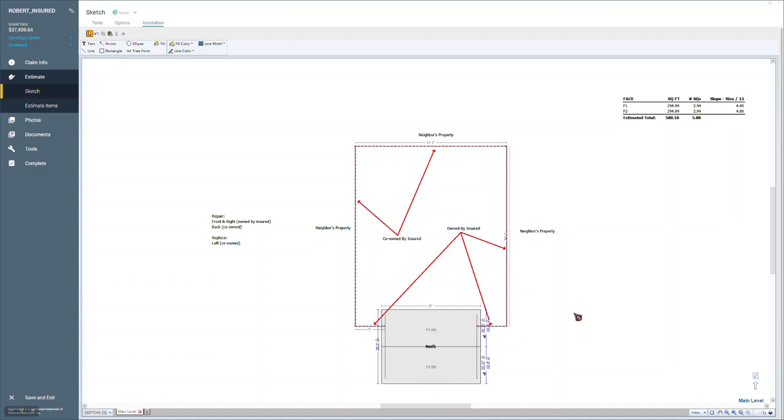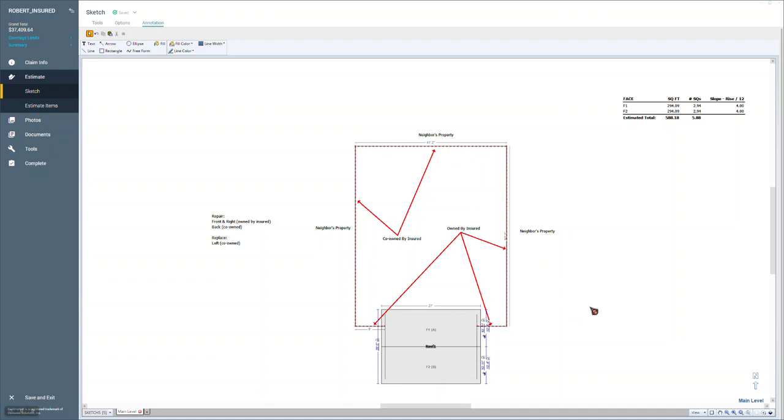If that's the case, unless the insured can provide you with documentation for the file showing that the fence is installed inside that property line on their property, then the insurance looks at that fence as being co-owned by the insured and the neighbor equally. They own the fence 50%.